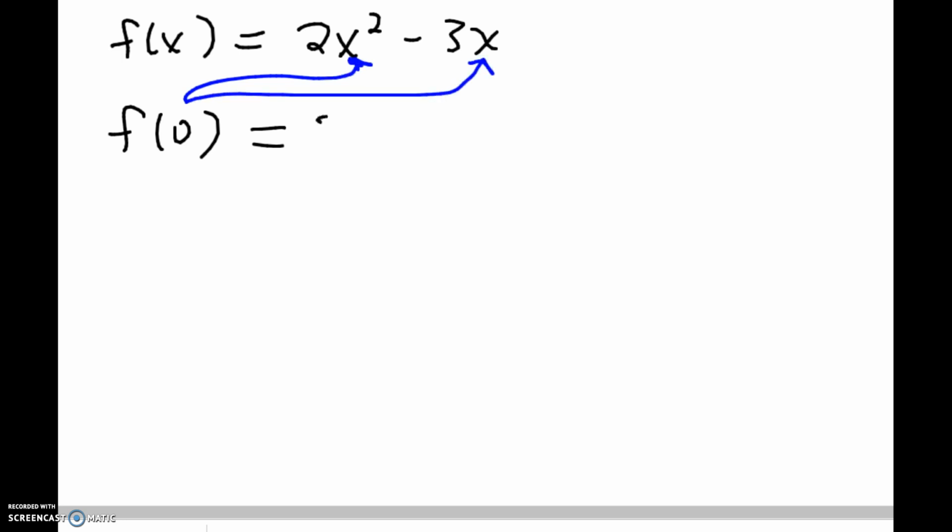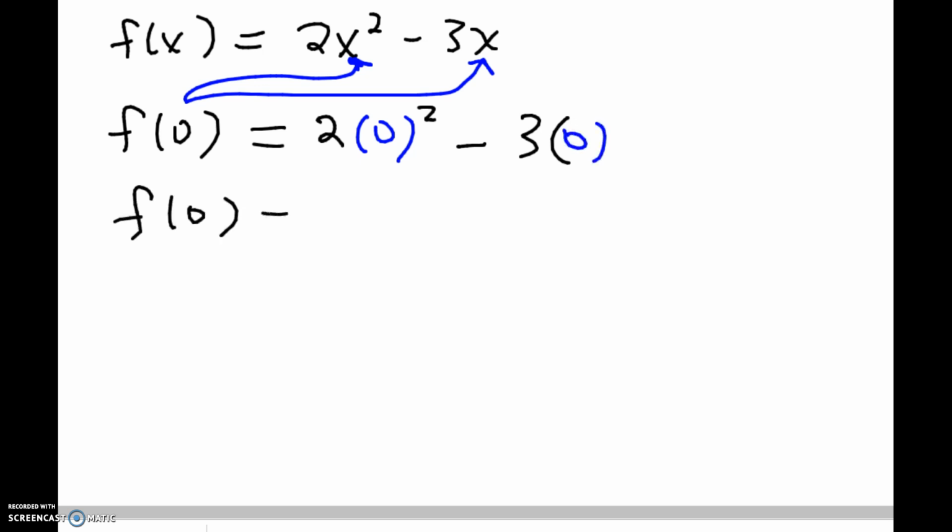So then we would have 2 times 0 squared minus 3 times 0. F of 0 would then equal, if we simplified, 0 squared is 0 times 2 is 0, minus 3 times 0 is also 0, so f of 0 equals 0.